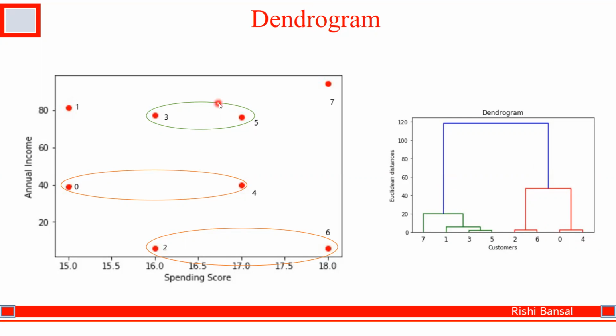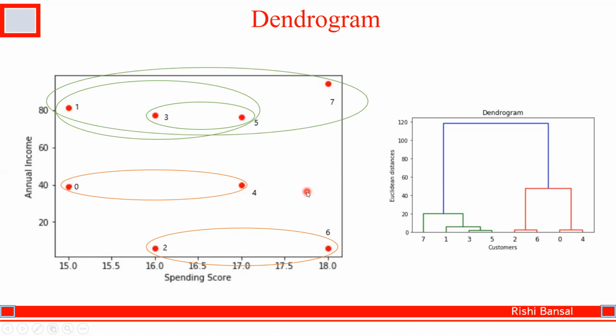Now, this time cluster number 1 and the combined cluster of 3 and 5 are combined together. So in this dendrogram, 1 is combined with the combined cluster of 3 and 5, and then a vertical line here. So this way the whole dendrogram is formed.